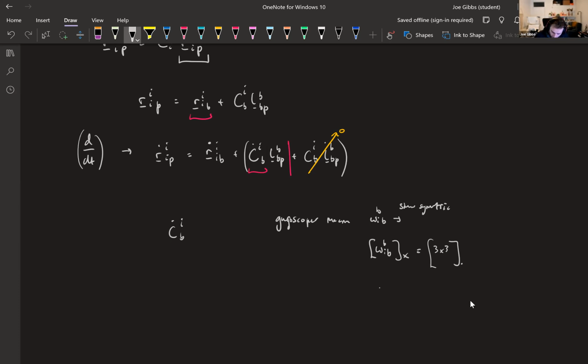We're just going to call this capital omega with the same notation. So we need to find now a form of the strap-down equation that has these 2 values in it.